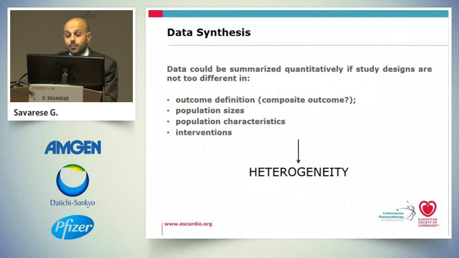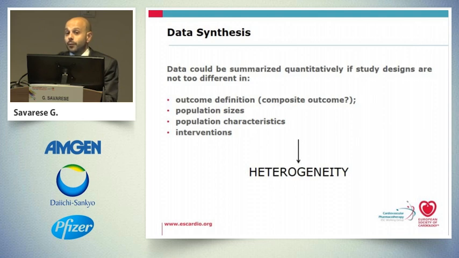So, as I was saying, it's not always possible to perform a meta-analysis. We start with the systematic review, and then we have to consider if we can perform a meta-analysis. We can perform a meta-analysis when we are selecting studies that are not too different in outcome definition.